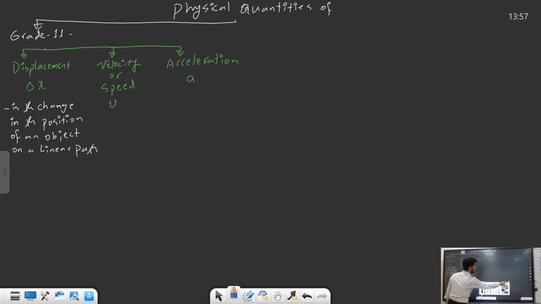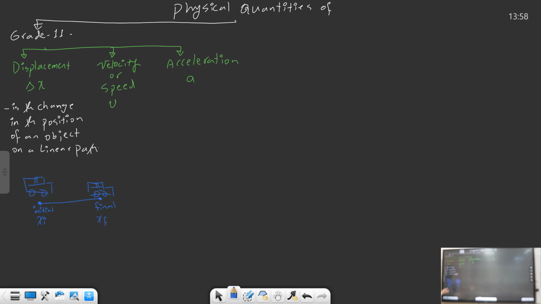If I give you an example, guys, imagine we have a car which is initially at this point, okay, and then travels to here, okay? The car travels to this point. So this is the initial position of the car, and this is the final position of the car. I'm going to mark the initial position of the car as xi, and the final position as xf.